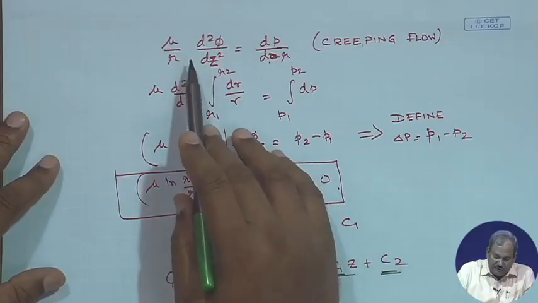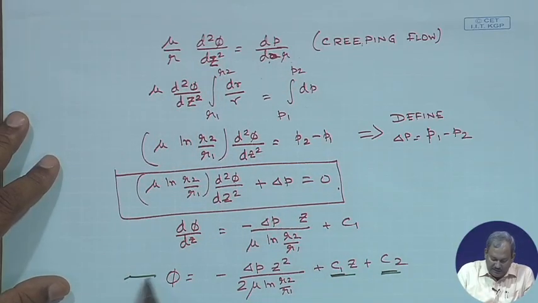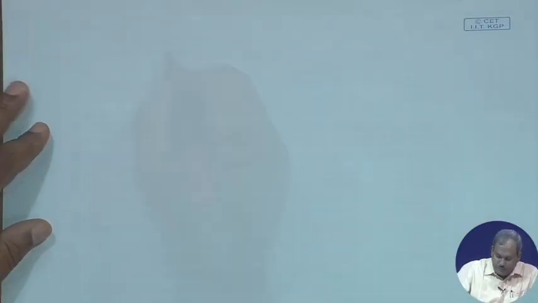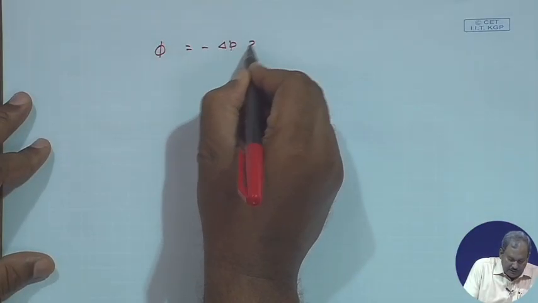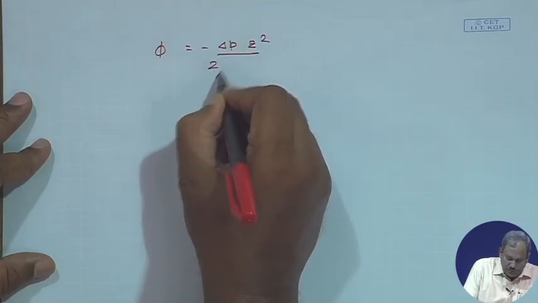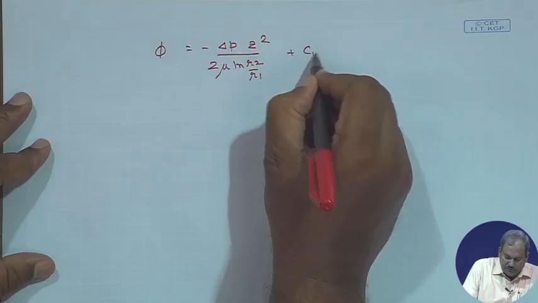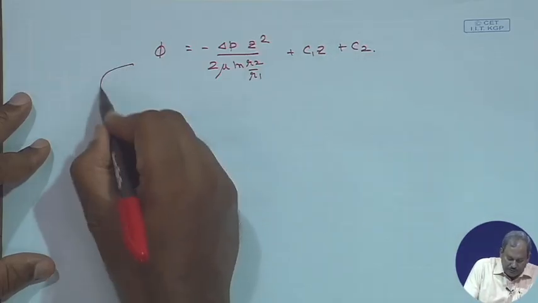This equation can now be integrated, and this is the final form of phi, where C1 and C2 are two constants of integration which will have to be evaluated. Phi is minus del p z square by 2 mu ln r2 by r1 plus C1 z plus C2.